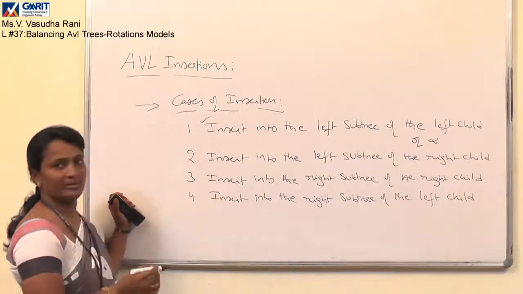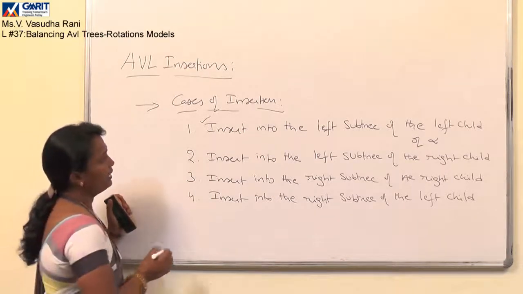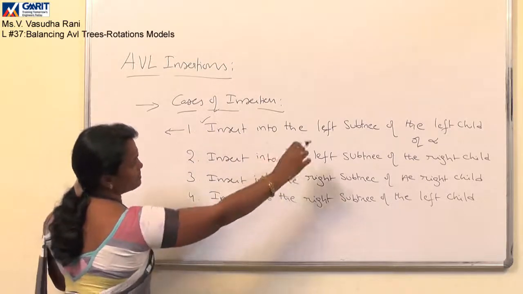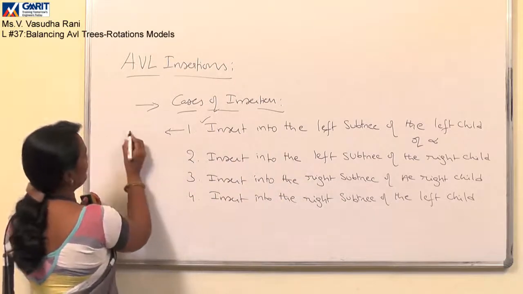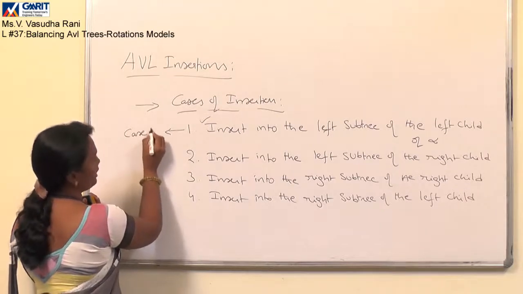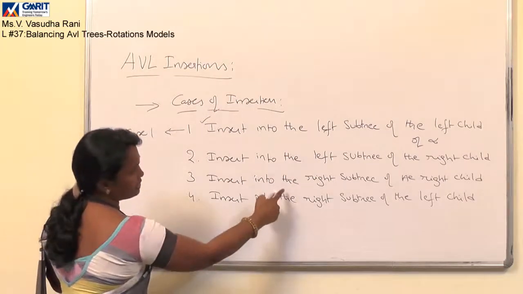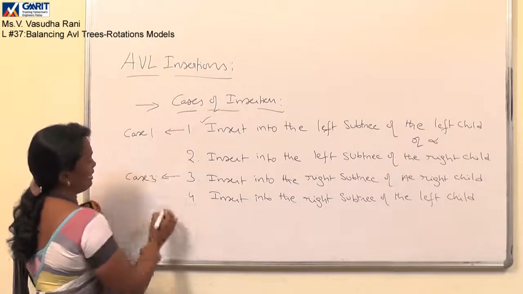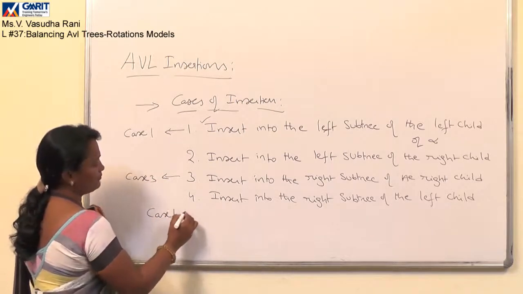These are the 4 cases we have identified, and here let us name the cases. Left subtree's left child is case 1, and right subtree's right child is case 3.